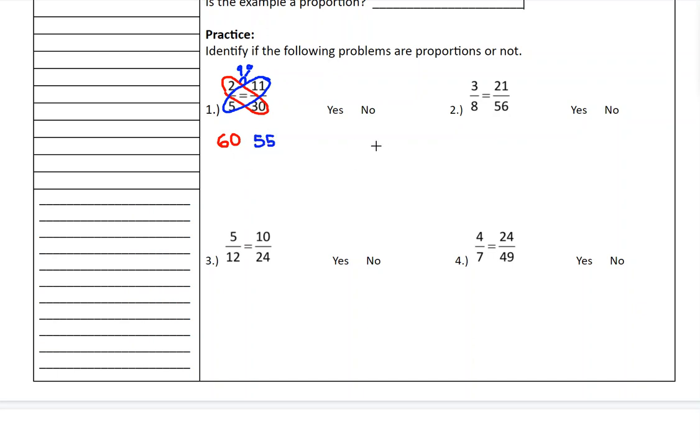So I end up with a proportion where 60 is supposed to be equal to 55. Because these two numbers are not equal, 60 does not equal 55, this is not true. I know that these are not equivalent ratios. They're not proportional. They do not equal the same value.